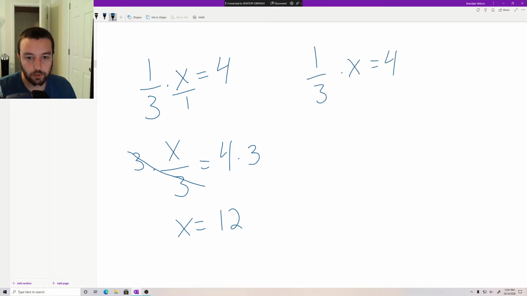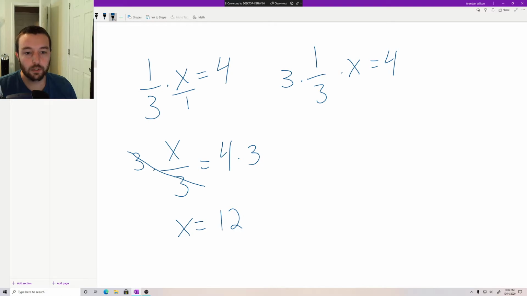We could just as well do it in this first step. If you just recognize, okay, if I want to get rid of the 1/3, I should multiply by 3. Because remember when we defined a reciprocal, the reciprocal of 1/3 is 3, and any number times its reciprocal will give you 1, which is what we want. We want to have 1 times x.